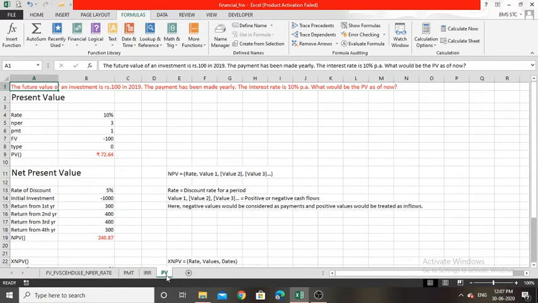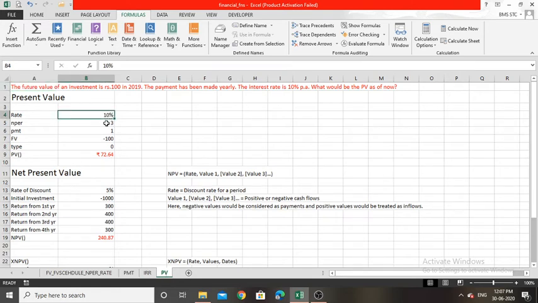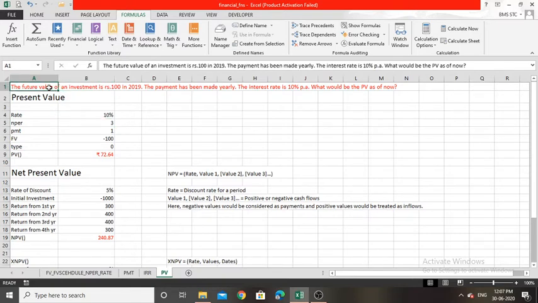Now we are going to find out the present value. So the rate is 10%, already given in the question. NPR is the difference between 2019 and the current year. But for this question, the year was 2016.